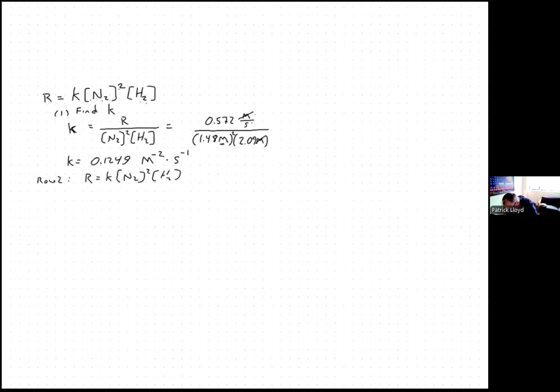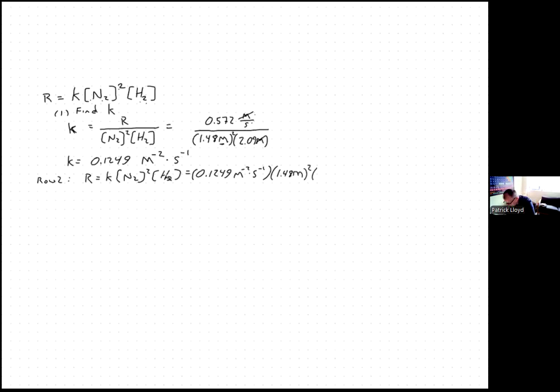Okay. So for these particular numbers, our rate constant, now we figured it out in the previous part, right? 0.1249, that's what we just figured out. And now we're going to multiply that by, in row 2, the concentration, 1.48 molar for N2.